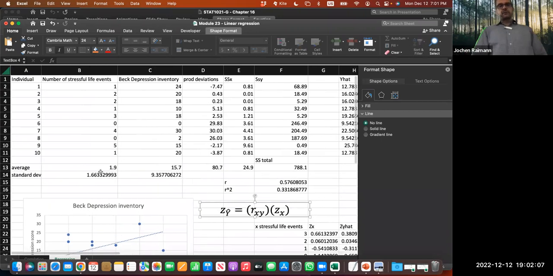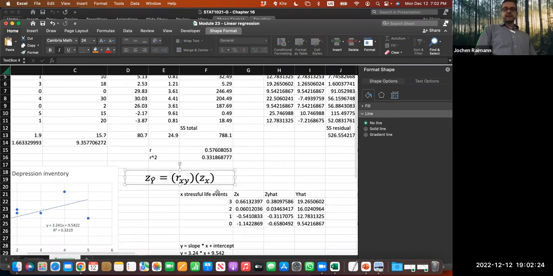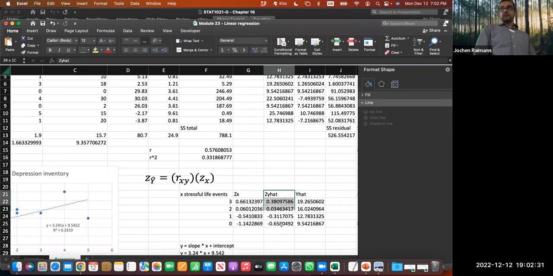So again, we have 10 individuals. We have for each individual a corresponding number of stressful life events. We have corresponding depression scores. We've calculated the averages and the standard deviations, utilized these insights to calculate our standardized X. We have utilized this standardized X to estimate, using the correlation coefficient, a standardized Y hat, a standardized predicted depression score.